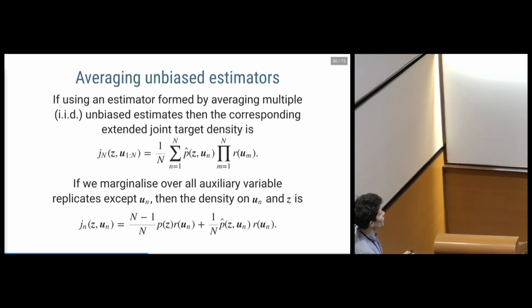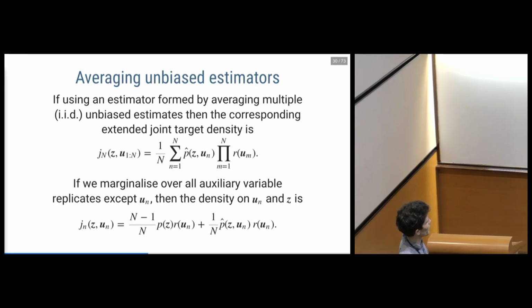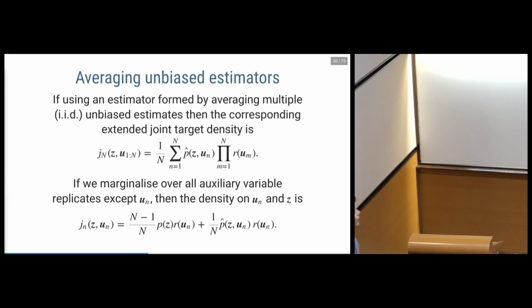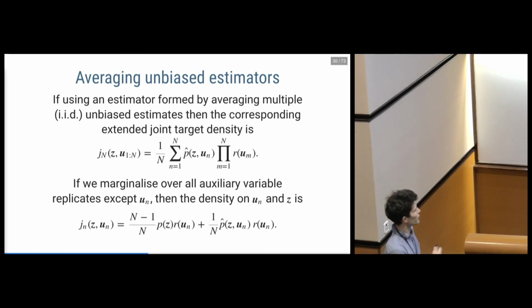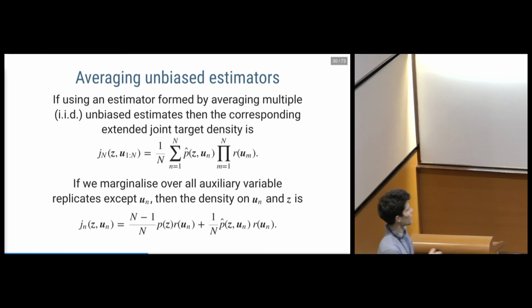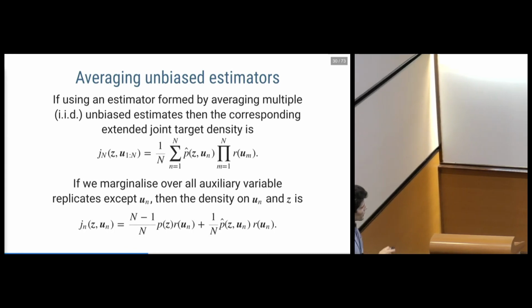If we now marginalize over all of the auxiliary variable replicates except, say, the nth, we can show that the resulting joint marginal density on the parameter z and auxiliary variable u has this form here.